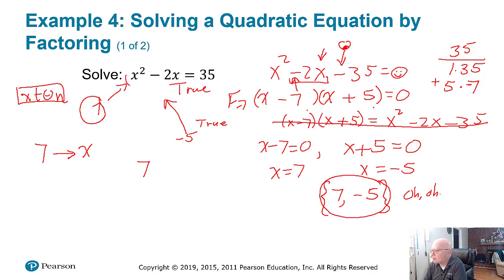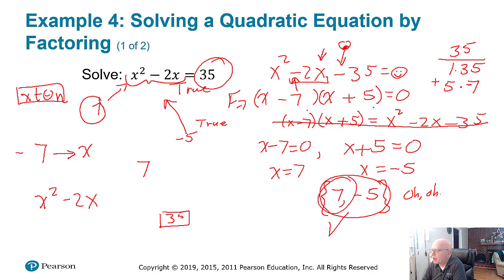You're going to take what's on the left side of the equation, and you're going to go to your calculator again, type in x squared minus 2x. What should you get as an answer? We should get this 35. If you get a 35 here, then this 7 checks out and it's good.